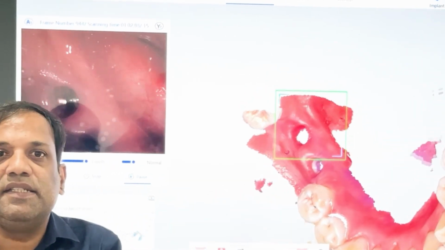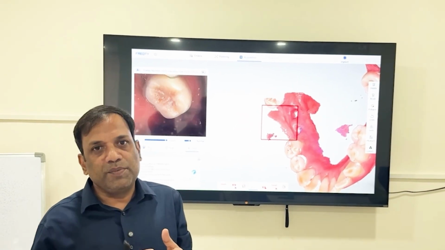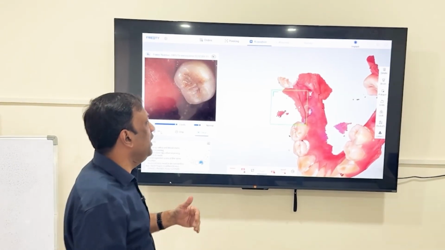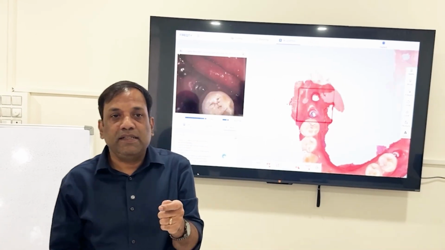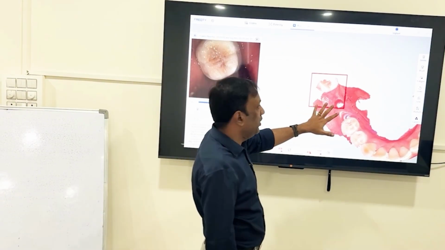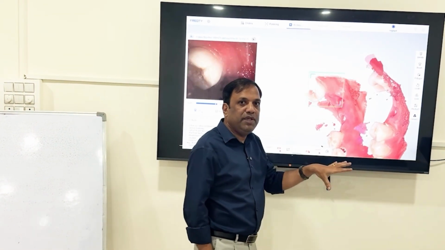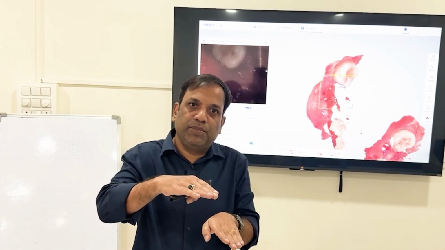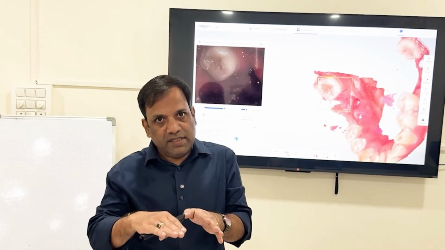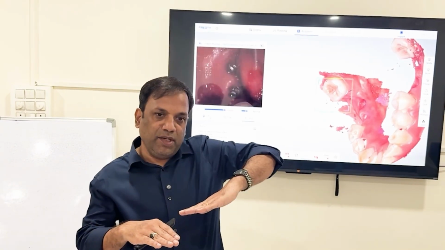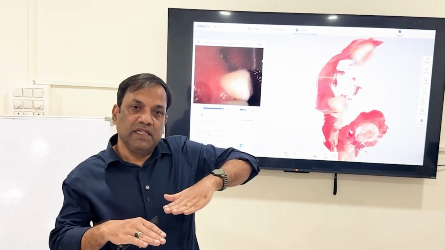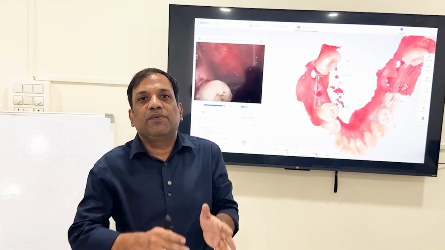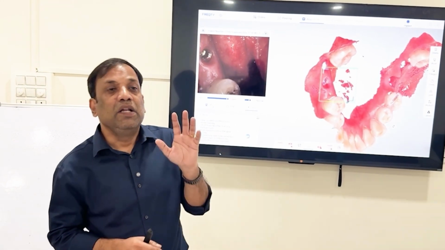That is the reason stitching problems come. We need to understand this problem with scanning ability, because one image and the second image are not the same. In one image there is an elevated tongue position, in another image it is a downward position. In one image your frenum is like that, and in another image the frenum is like that. So how to stitch it? This is where the maximum problems come in the lower mandible.